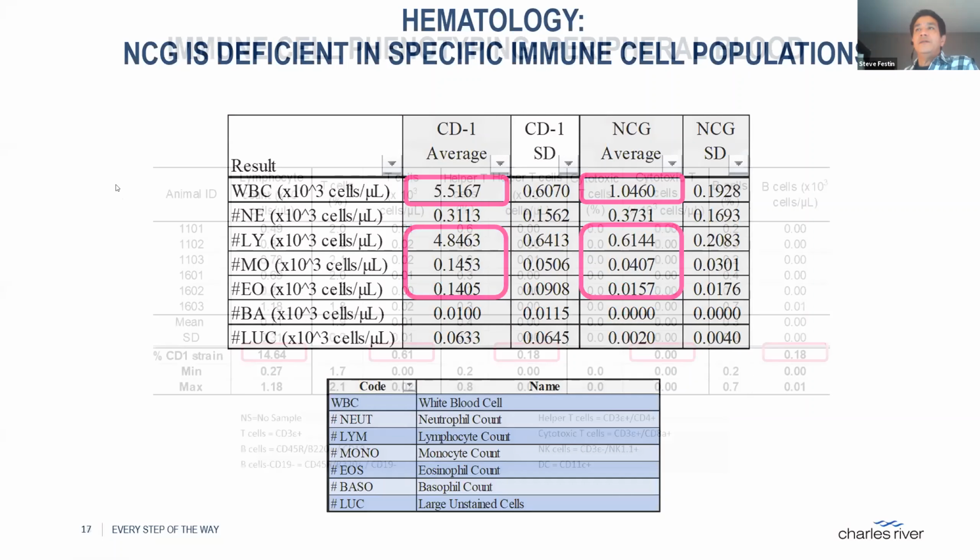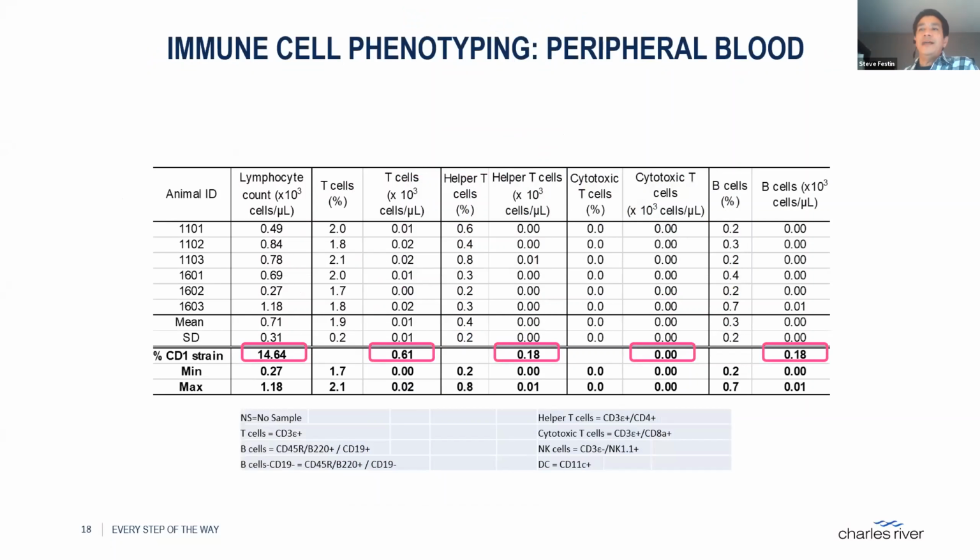We also then did immunophenotyping, looking at both blood and also at tissues, including the spleen, which I'm not showing here, but I'm happy to share with anyone if they're interested. The data listed here is relative to the CD1 strain. So this is the percent of cells that were actually identified.